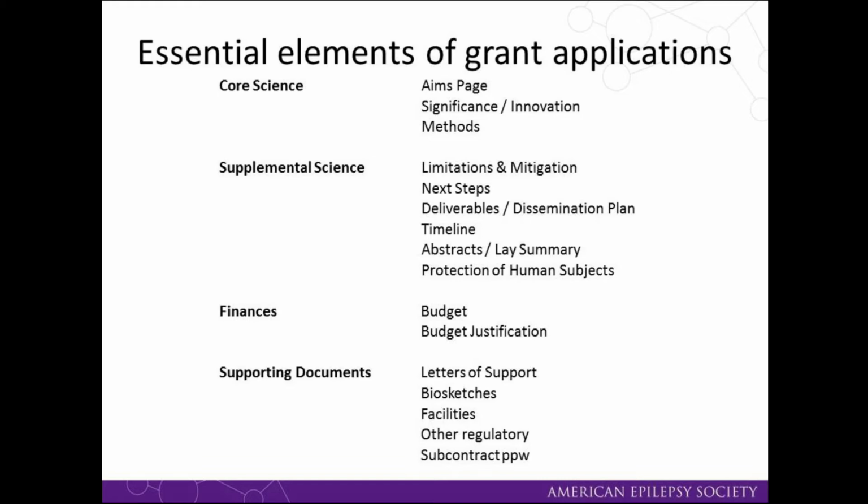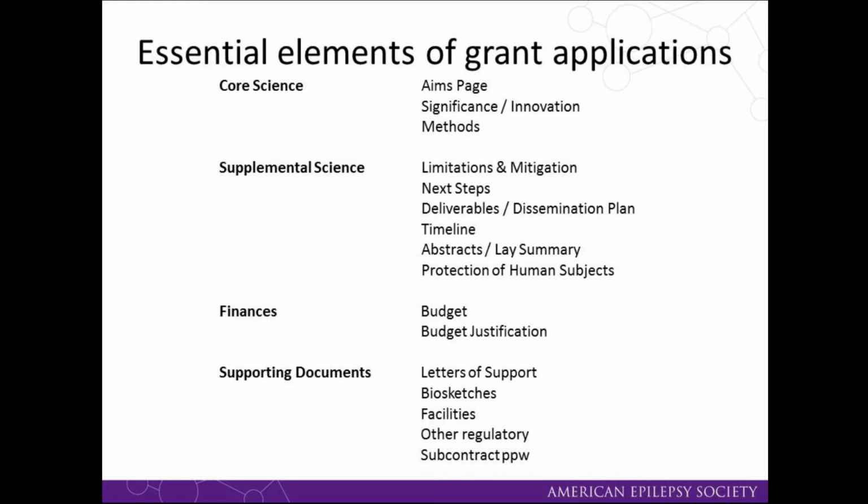And then you often need to talk about how you're going to protect human subjects. The finances, for me at least, are often the most stressful part of the grant, because you've got to figure out how to pay for everything that you want to do. And then once you've got your spreadsheet with all of those numbers, you need to justify it with an additional document that describes in detail each of the expenditures you're anticipating.